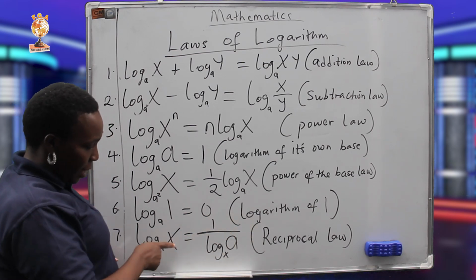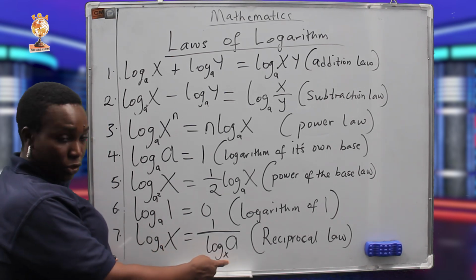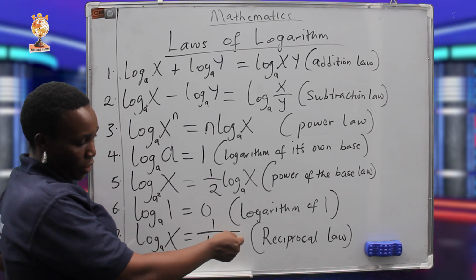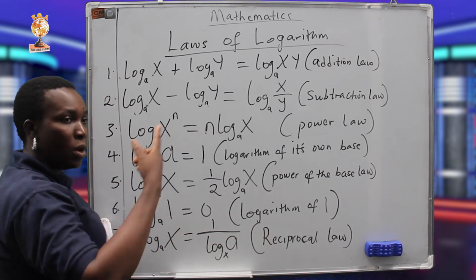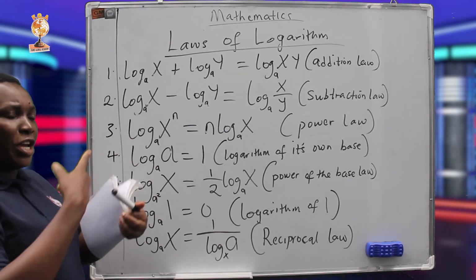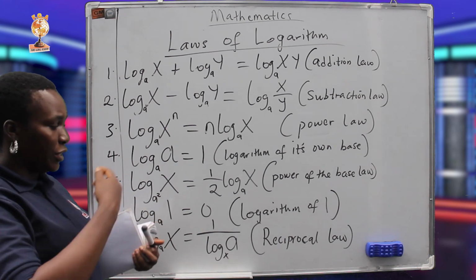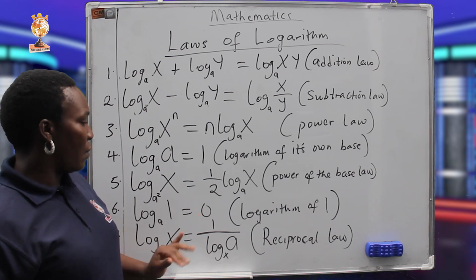So as you can see now, in 1 over log a base x, the x has turned to the base, and the base, which is a, has turned to the logarithm itself. So this law is called the reciprocal law. Reciprocal means changing something, like turning something upside down. So these are the laws of logarithm that we have.